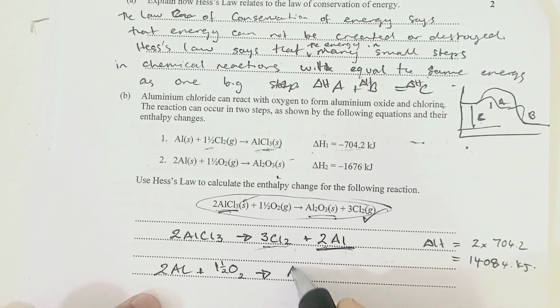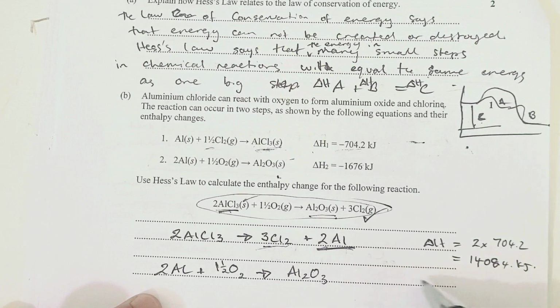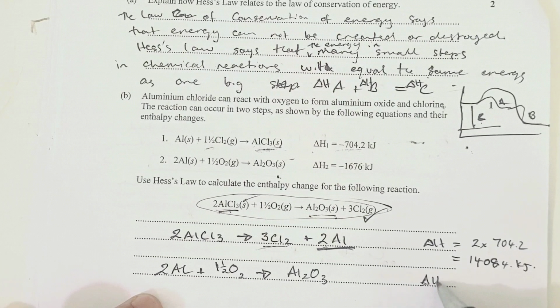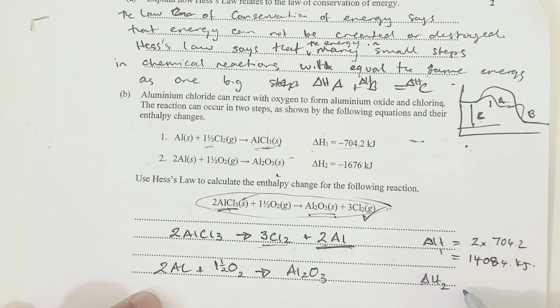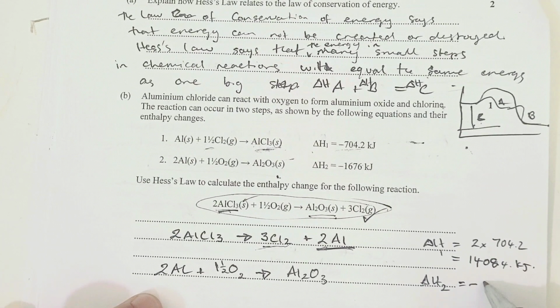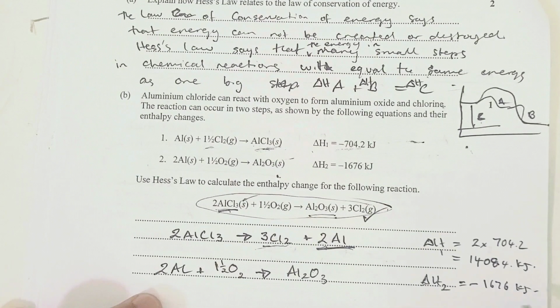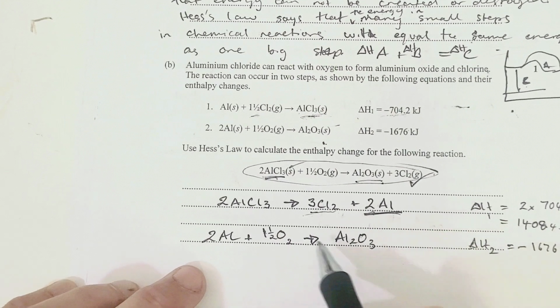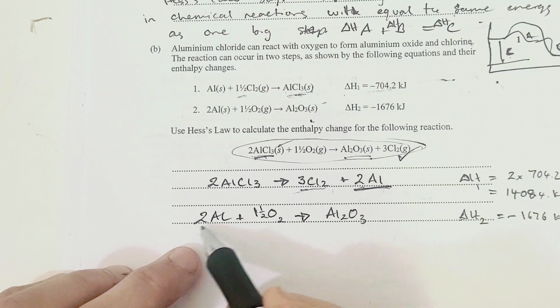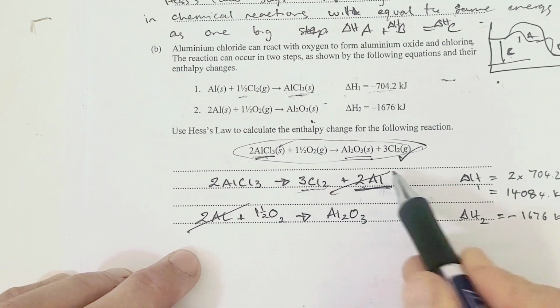It's going to give us Al2O3. Now this remains unchanged, delta H of minus 1675.7 kilojoules. And let's cancel anything that's on both sides and on opposite sides.